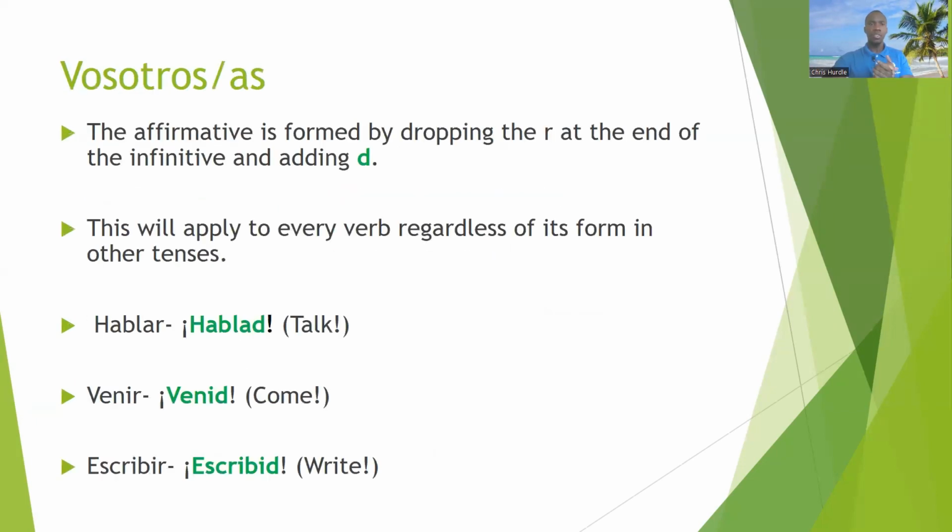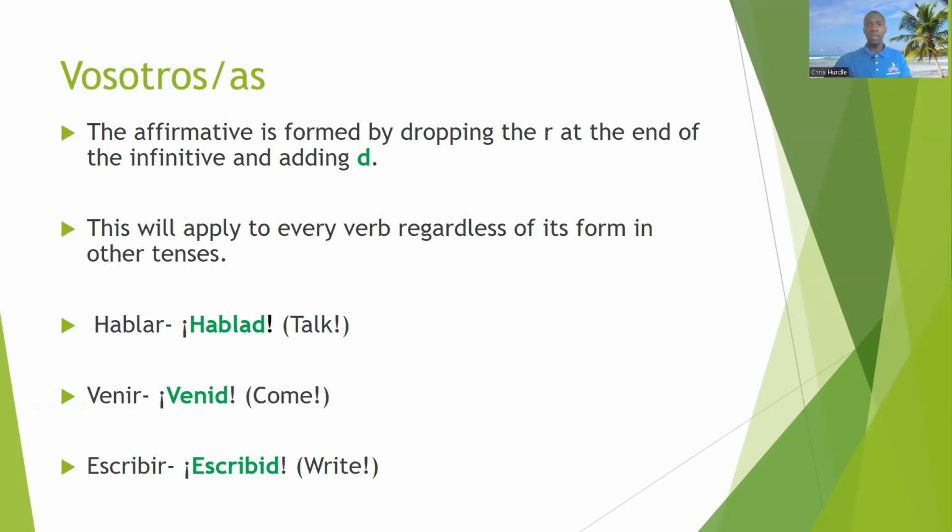Now, when it comes to the vosotros, this is actually one of the easiest forms. To form the affirmative, we drop the R at the end of the verb in its infinitive, and you just put a D in place of the R. This will apply to every verb regardless of its form in other tenses. So the ser, the saber, the dar, all those verbs that are usually irregular will take the same form.